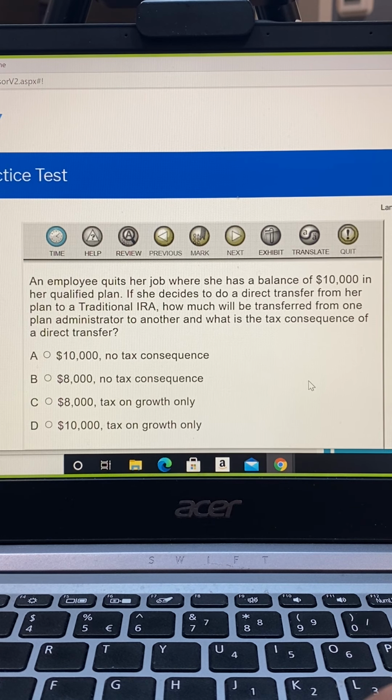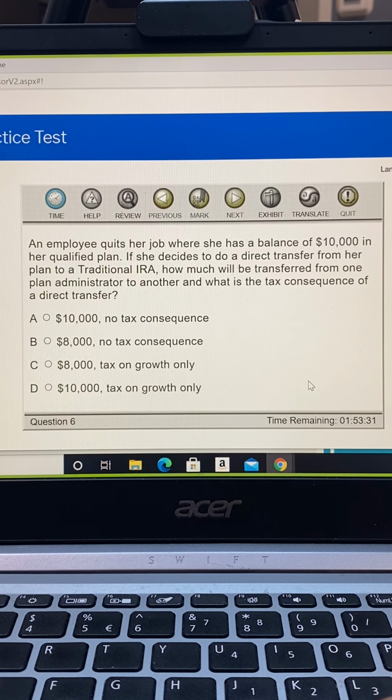An employee quits her job where she has a balance of $10,000 in her qualified plan, and she decides to do a direct transfer from her plan to a traditional IRA. How much will be transferred from one plan administrator to another, and what are the tax consequences of a direct transfer? Is it 10,000 and no tax consequence? Exactly. Why is that?